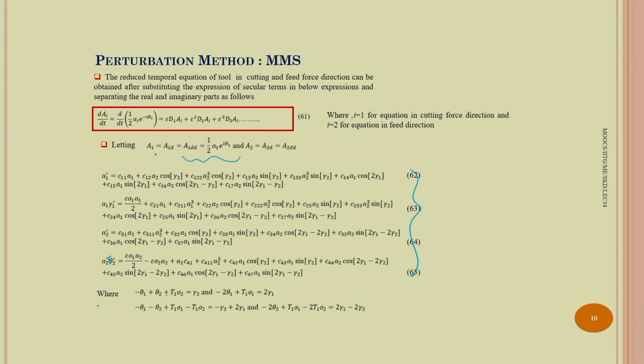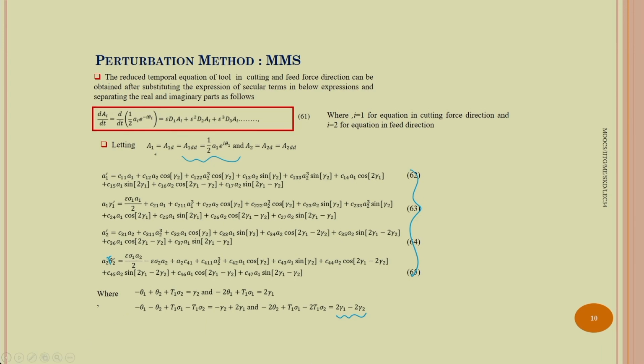Minus theta 1 plus theta 2 plus T1 sigma 2 equal to gamma 2, and minus 2 theta 1 plus T1 sigma 1 equal to 2 gamma 1, and it can be written as minus theta 1 minus theta 2 plus T1 sigma 1 minus T1 sigma 2 equal to minus gamma 2 plus 2 gamma 1, and minus 2 theta 1 plus T1 sigma 1 minus 2 T1 sigma 2 equal to 2 gamma 1 minus gamma 2.